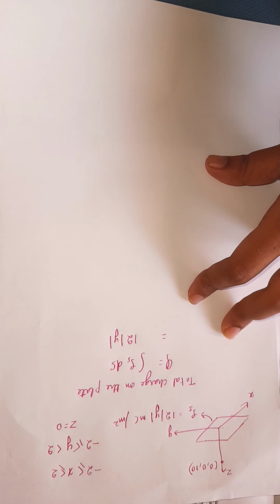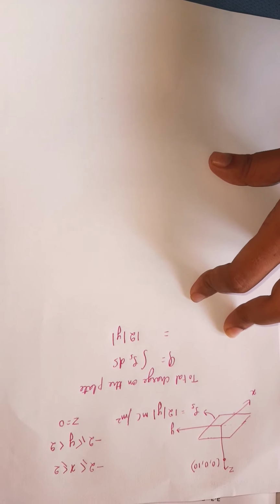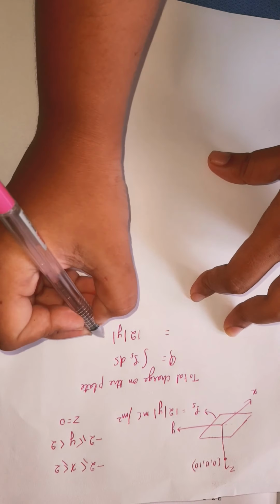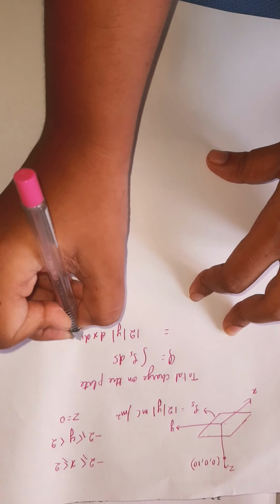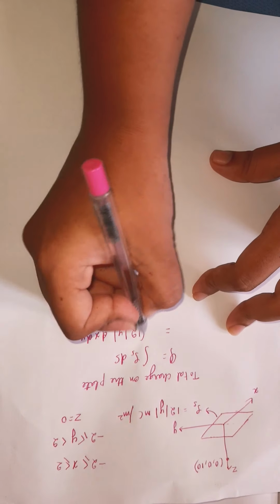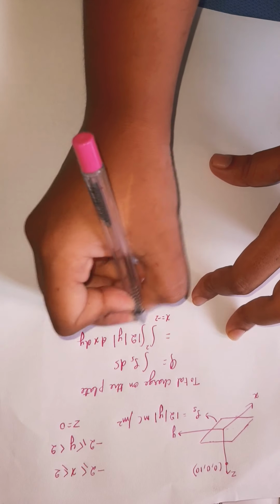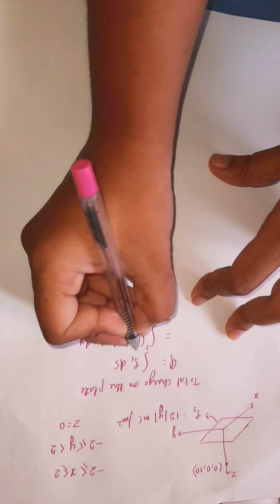We know that this square plate is completely on the xy plane, so my area will be dx dy. I just need to integrate it in its ranges: x is from minus 2 to 2, y is from minus 2 to 2.